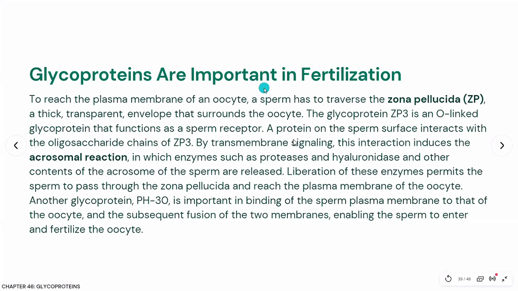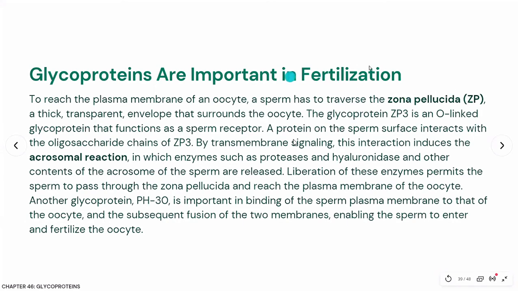In your introduction to genetics, in your previous studies, the egg cell or the oocyte is covered with a layer known as the zona pellucida.